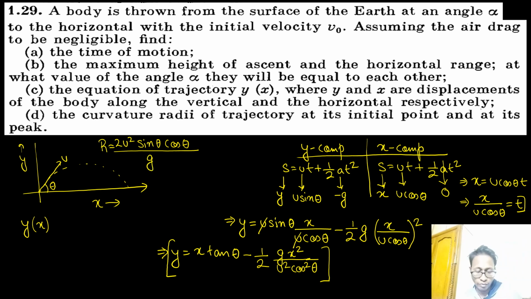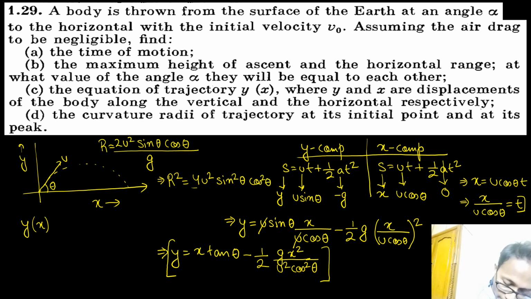Okay, this was the formula for range. Okay, can I say R square is equal to 4 u square sine square theta cos square theta by g square?